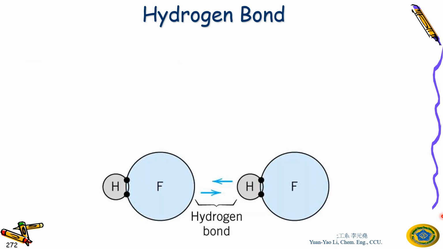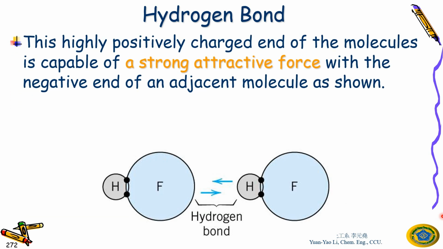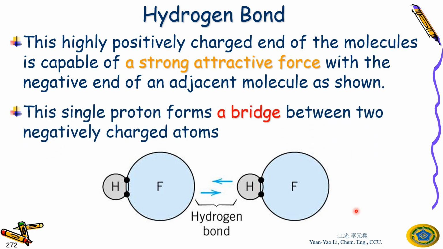So in the hydrogen bond, this highly positively charged end of the molecule is capable of a strong attraction force with the negative end of the adjacent molecule, as shown here. So the single proton forms a bridge between two negatively charged atoms.